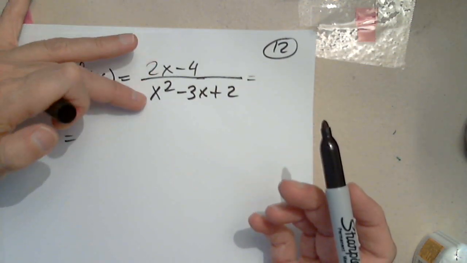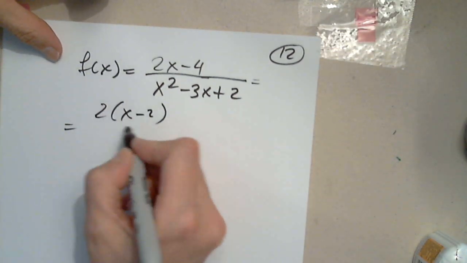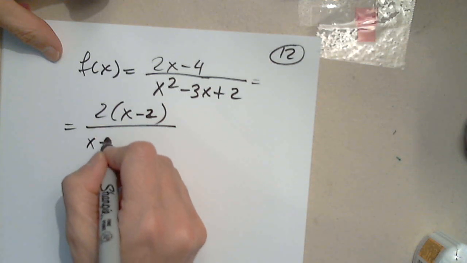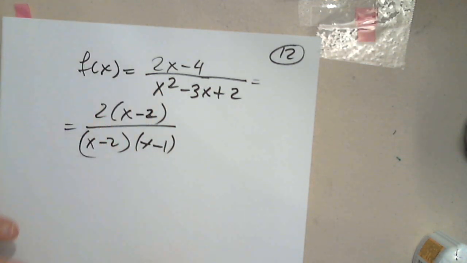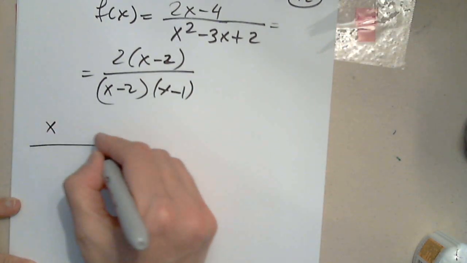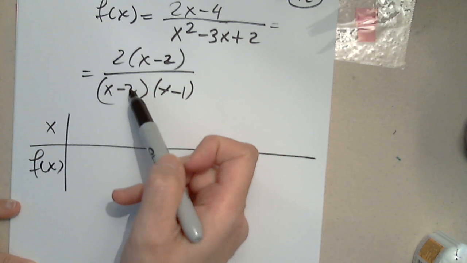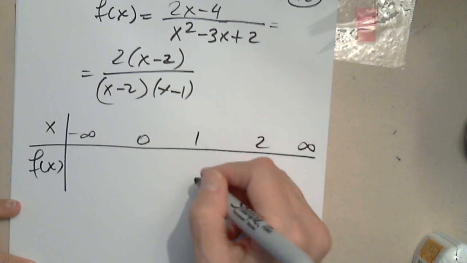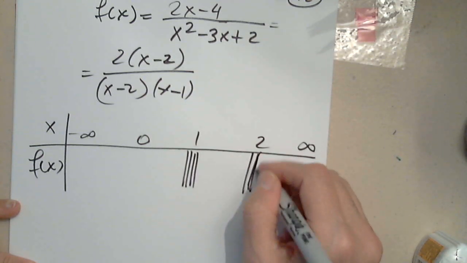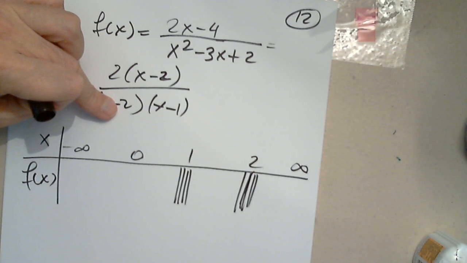Lower degree in the numerator than the denominator. I know that I have to immediately factor it out to the most. Do not attempt to simplify before you write the domain. And the domain obviously cannot be 1, cannot be 2.